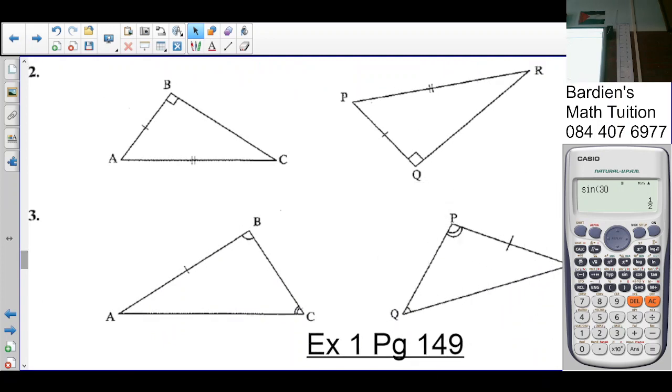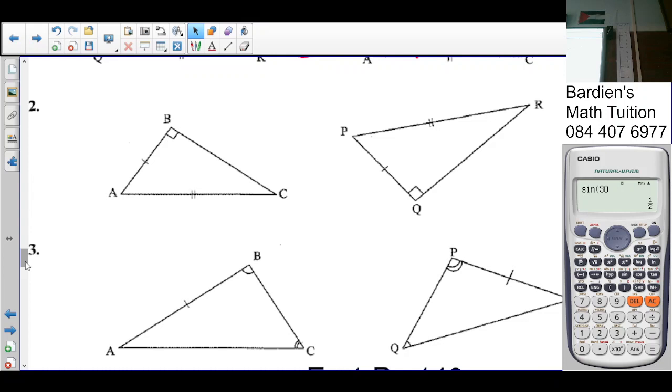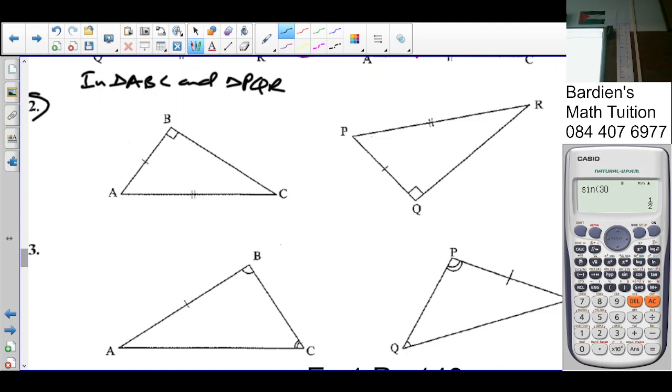In number 2, what can we say? In triangle ABC and triangle, so we got A, B, so you're going through the one mark with one stroke to the 90. So it's going to be P, Q, R. So what can I say? AB is equal to PQ. Why?